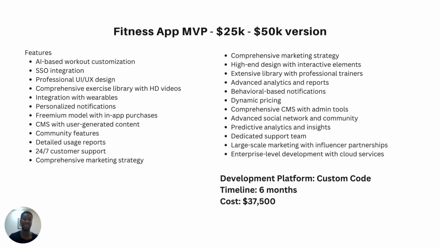Behavioral-based notifications, dynamic pricing, comprehensive CMS. So it has even predictive analytics and insights. A lot of features, right? That a customer might not necessarily need, but because we just believe that the more features the product has, the more valuable it is.